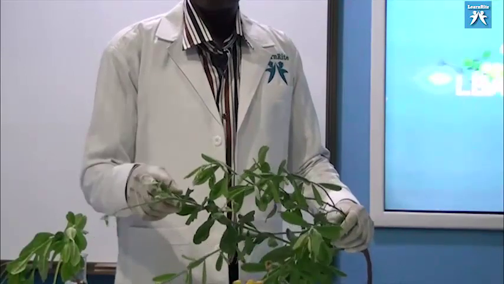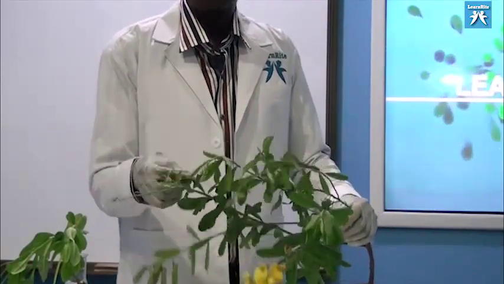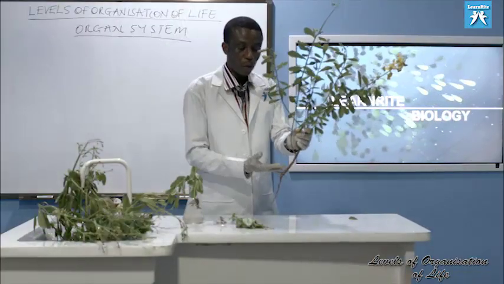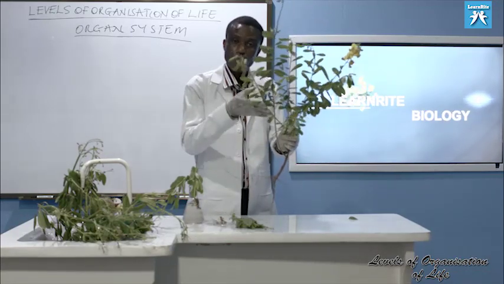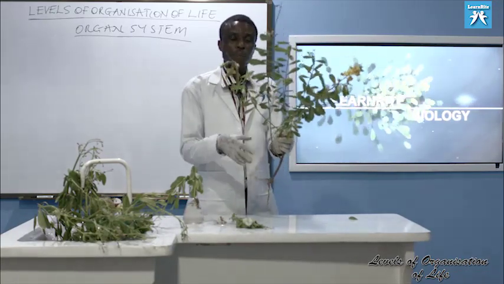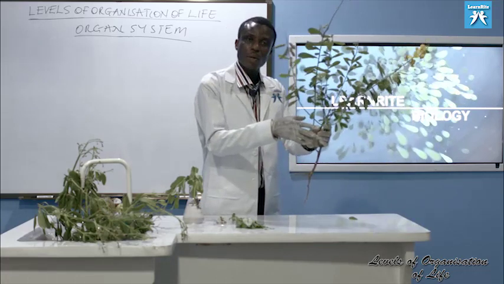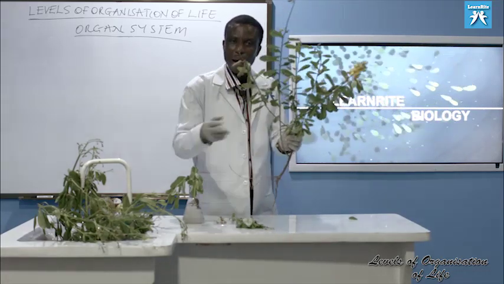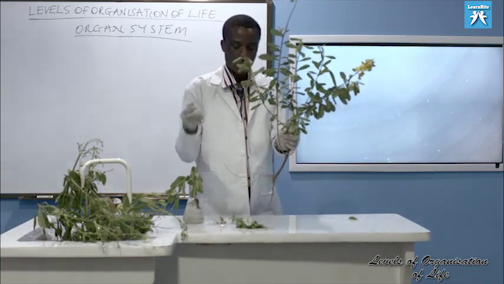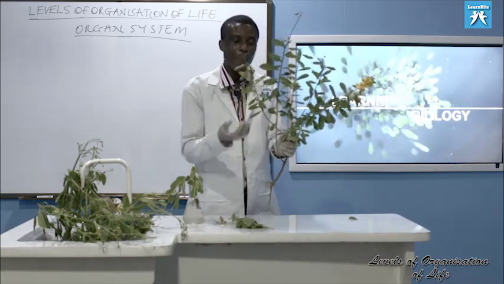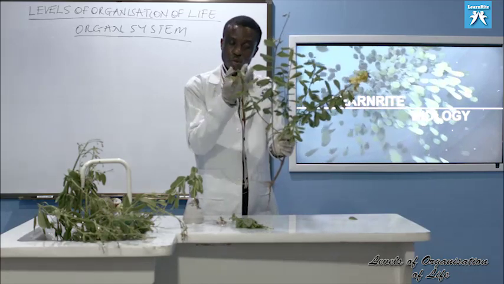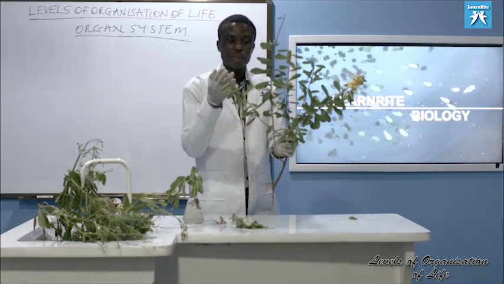Leaves are held in the right position for photosynthesis. Roots anchor the whole plant in the soil so the plant will not be carried away by wind or water or animals passing. Roots also help in absorption of water and mineral salt for nutrition. I hope it is clear.